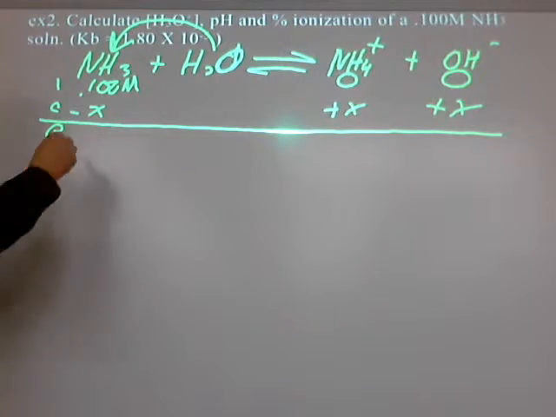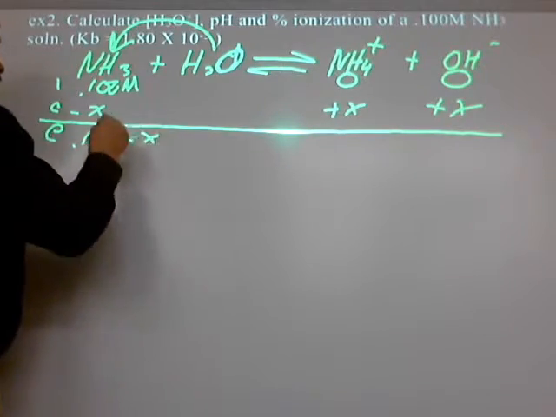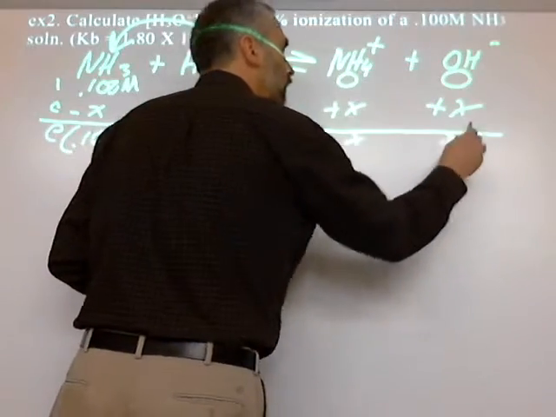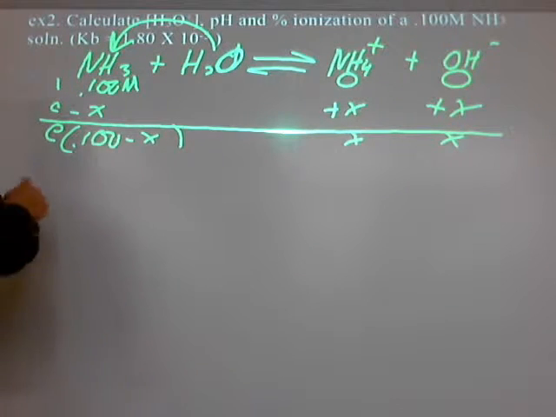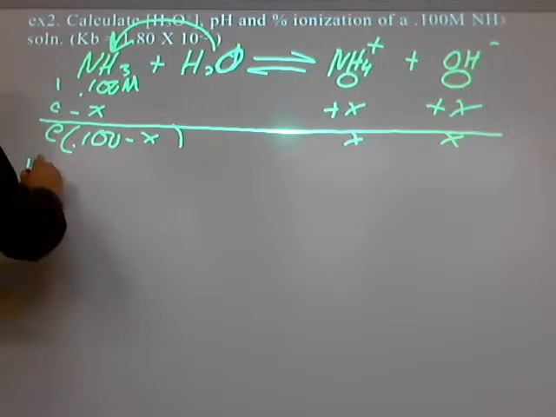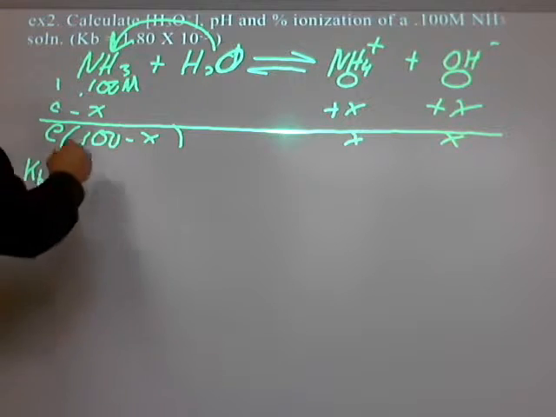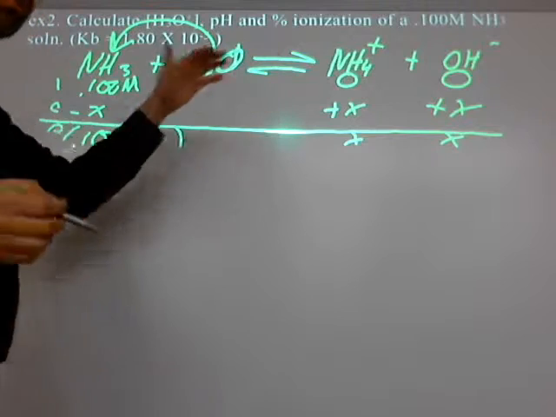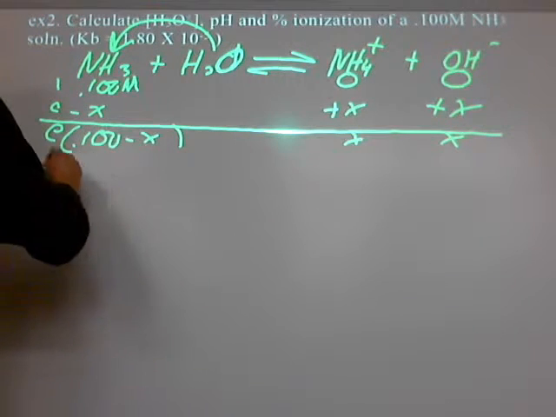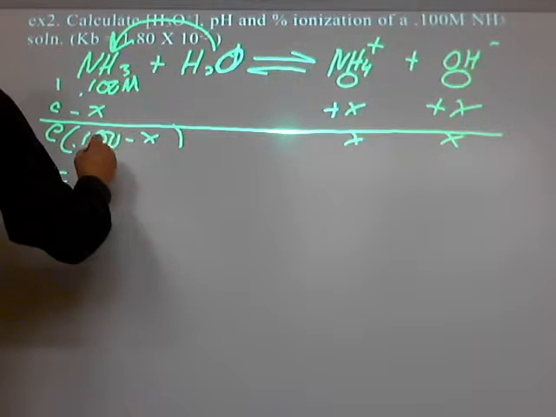Either way. All right, 0.100 minus X, X, and X. This is the same way we're going to solve it as if it was a Ka problem, only it's going to be Kb. So Kb equals, what's it going to equal? Same equation. It's going to be products over reactants, only we're leaving out water because it's Kb, not just Kc.